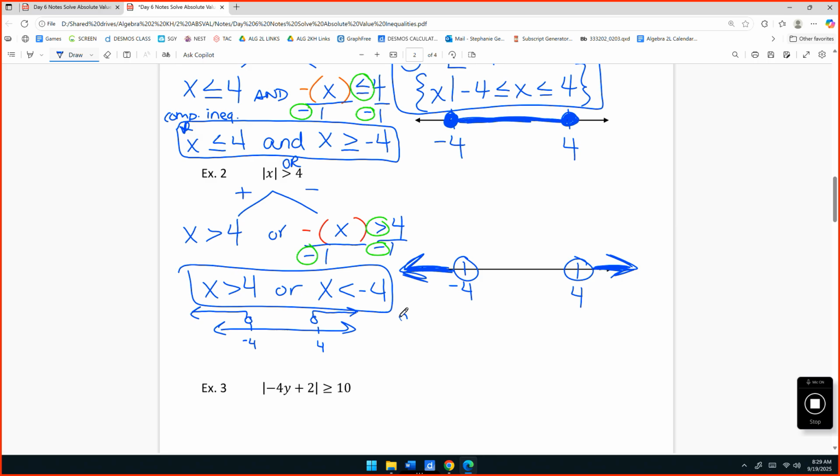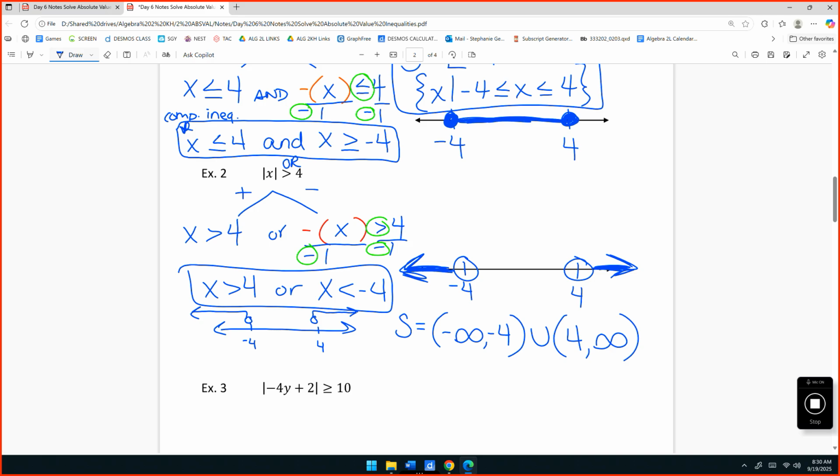So our solution, so this one, if we choose interval notation, we have to union two intervals together. So first interval begins in negative infinity, and it goes up to negative 4, but we don't include negative 4, so parentheses. Parentheses means we're not including the endpoint. And then we have to union that second interval with it. So the second interval begins at 4, but non-inclusive, going to infinity.